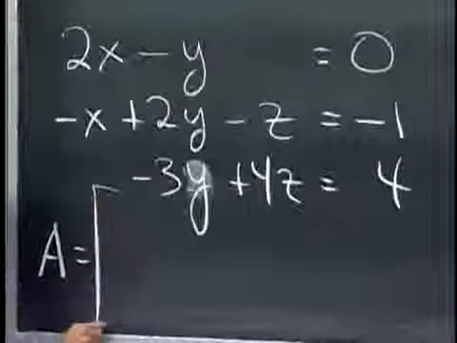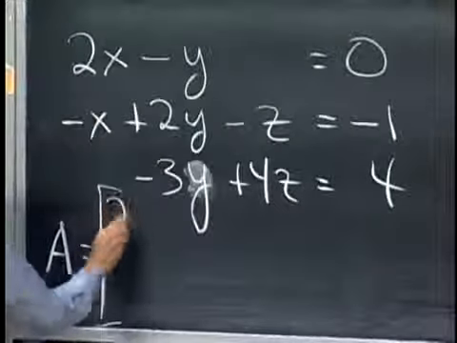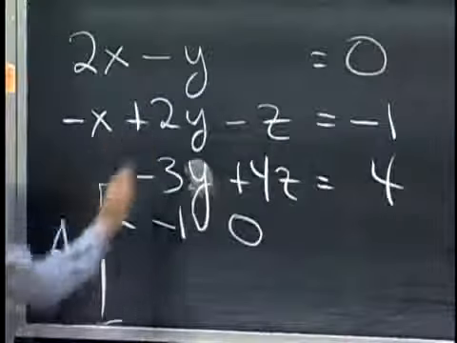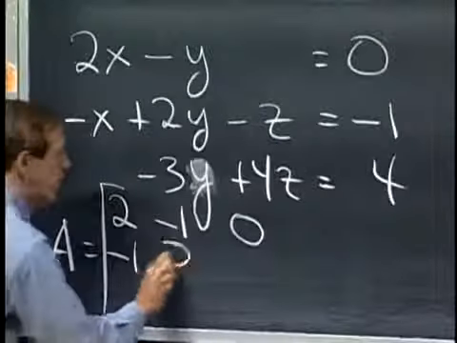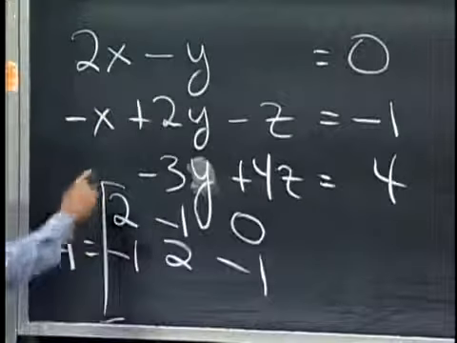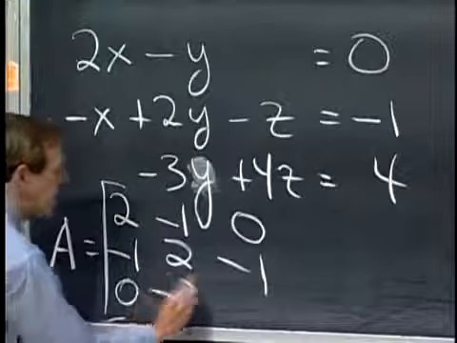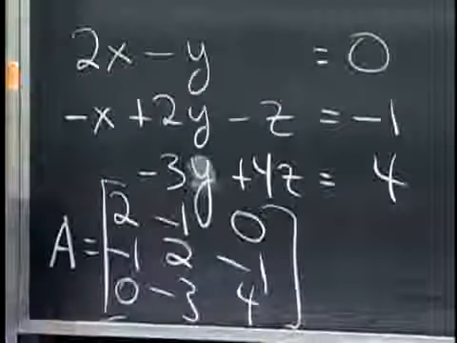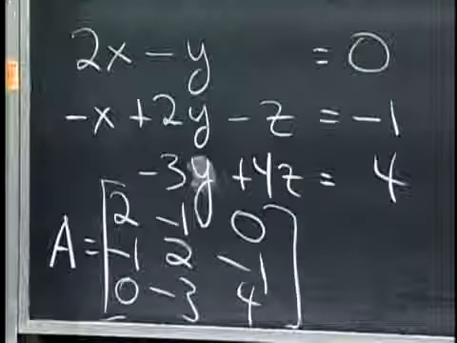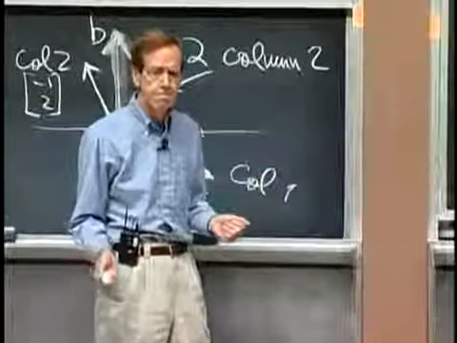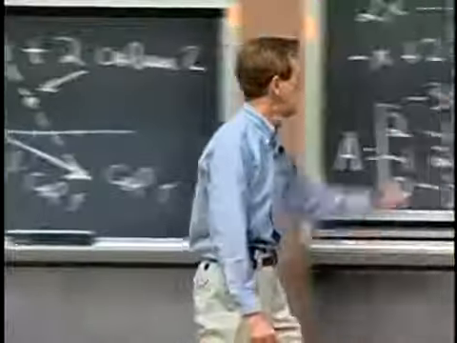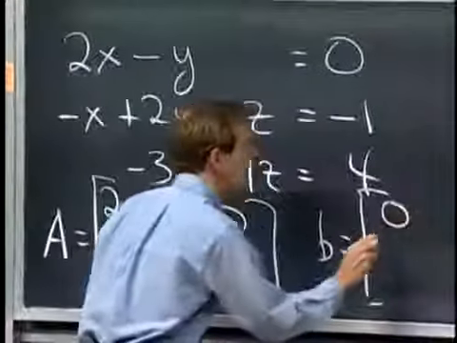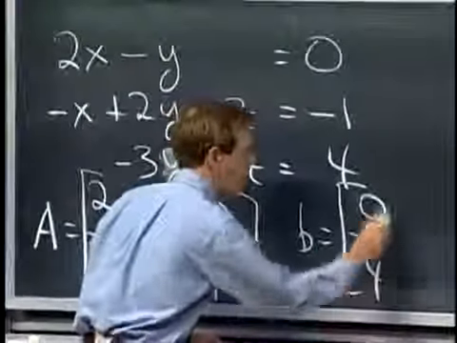Our matrix A has the 2 and the minus 1 and the 0 from the first row, the minus 1 and the 2 and the minus 1 from the second row, the 0, the minus 3, and the 4 from the third row. So it's a 3 by 3 matrix. 3 equations, 3 unknowns. And what's our right-hand side? Of course, it's the vector 0, minus 1, 4.